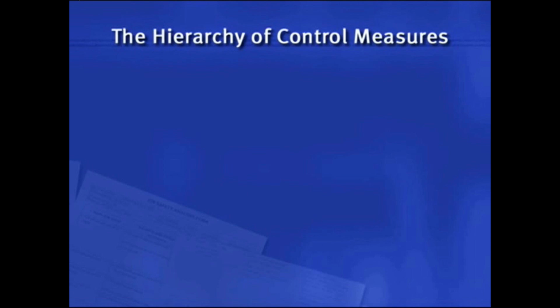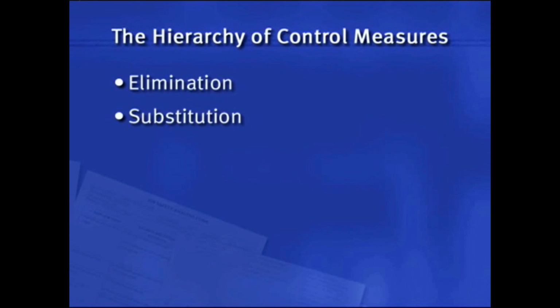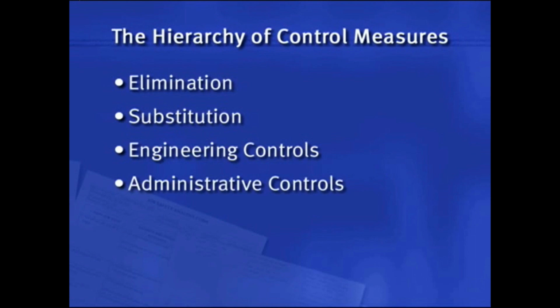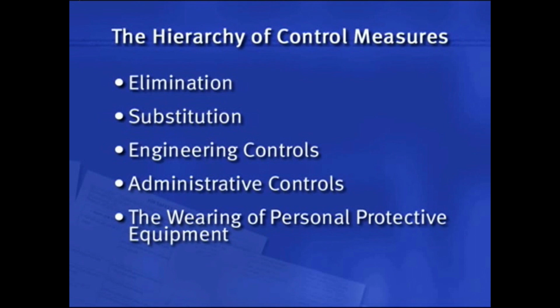The hierarchy of control measures categorizes hazard control measures under the following headings: elimination, substitution, engineering controls, administrative controls, and the wearing of personal protective equipment.